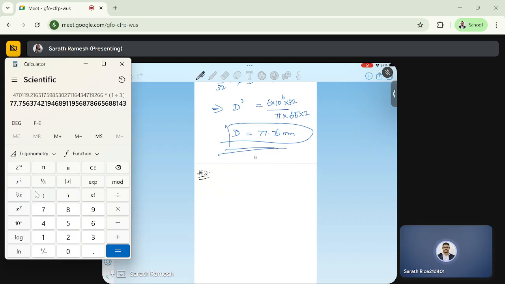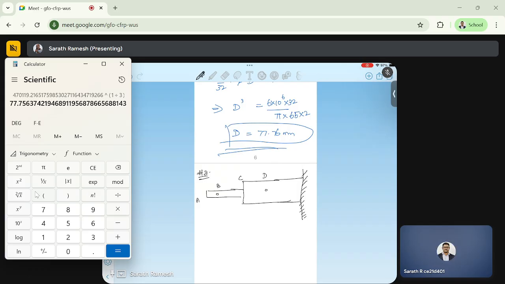Given a step shaft, like here AB is there, and A, B, B, C and C, D and D. So this is my A, and B is at 100 mm.